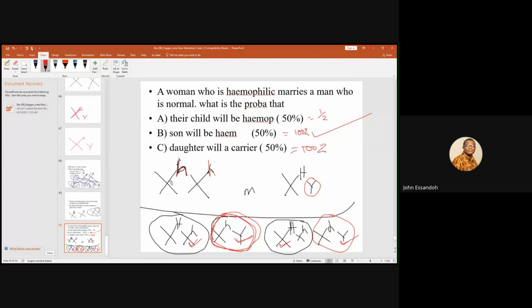For a man, once you have one recessive allele, it is enough for you to have the disorder. So this man here is going to be hemophilic. When you come to the next one, this one against this one, we get a carrier woman. And this one against this one, we get a hemophilic man.